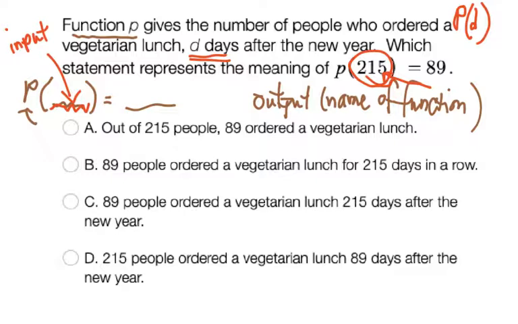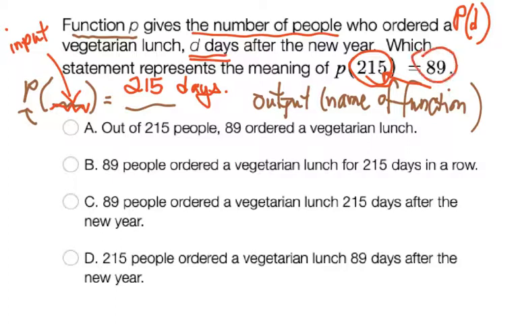So 215 days. 215 are the days. And what do I want to know? Remember, P is the number of people.